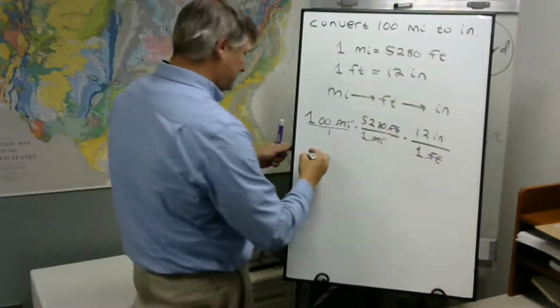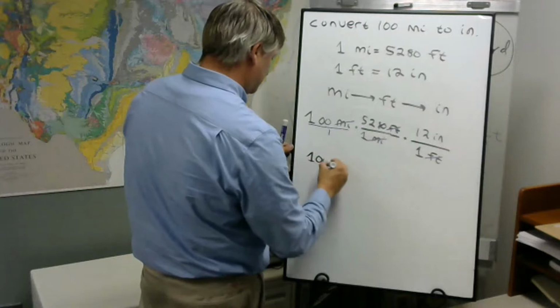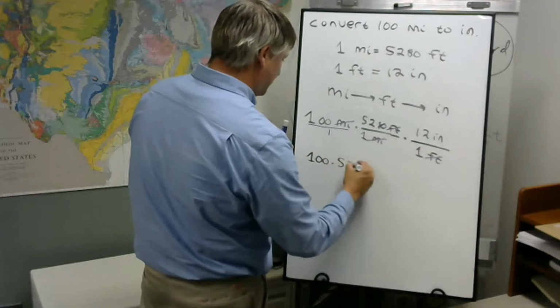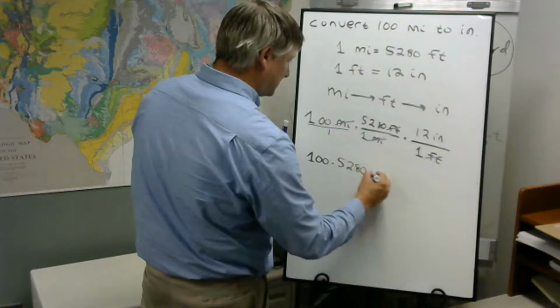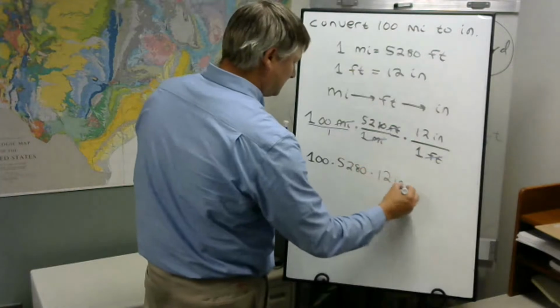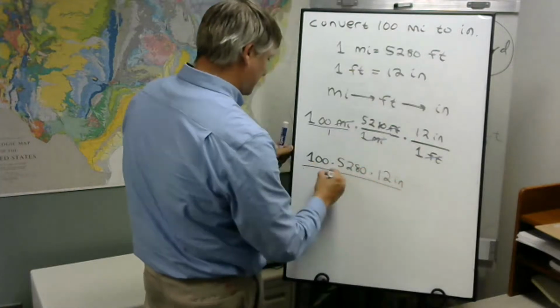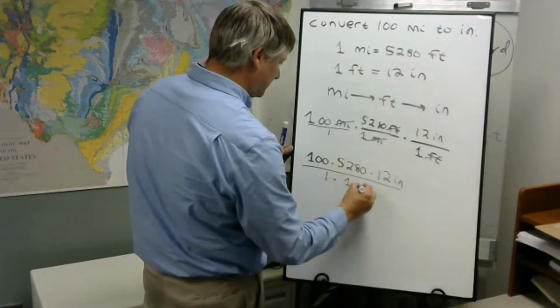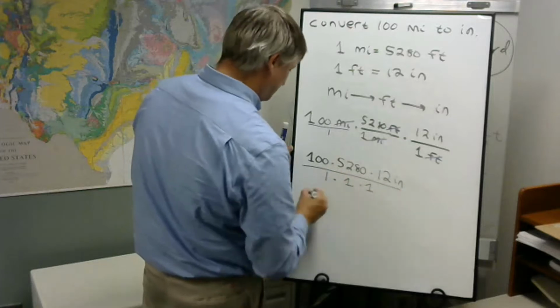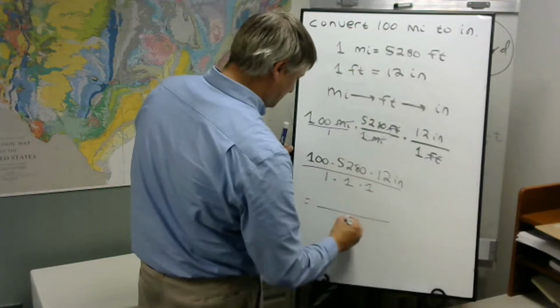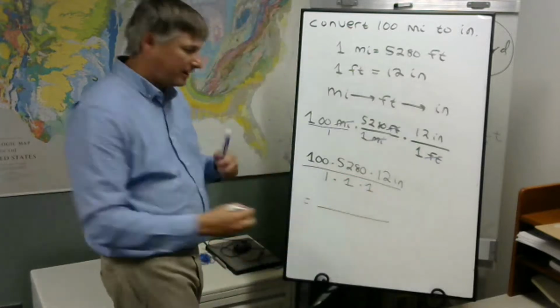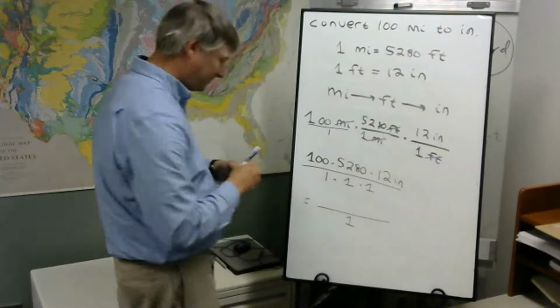So doing that multiplication, we'll get 100 times 5,280 times 12 inches. We have 1 times 1. Now on the bottom, 1 times 1 times 1 is 1.